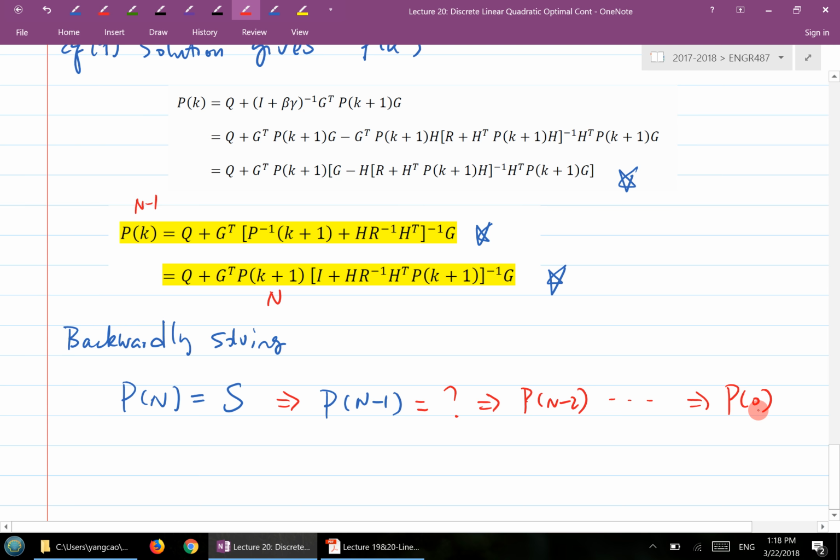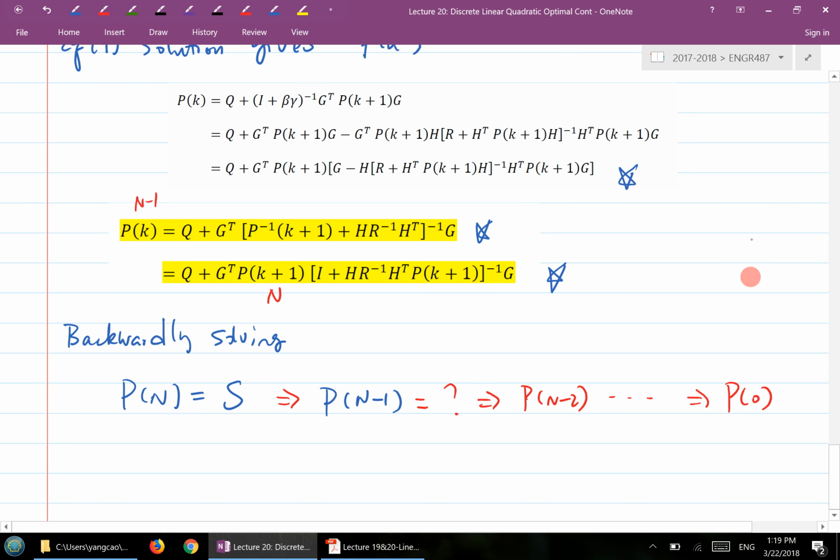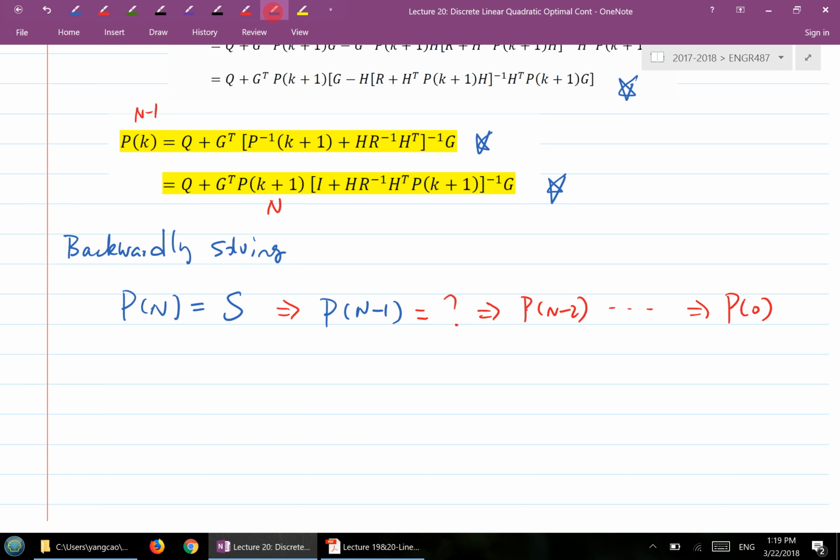That make sense? Okay. So I'll show you a simple example here: how the optimal control works. This example is a simple example, so we're going to use a very simple scalar system to illustrate.